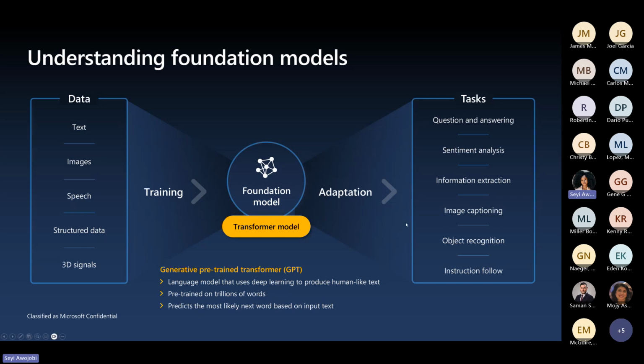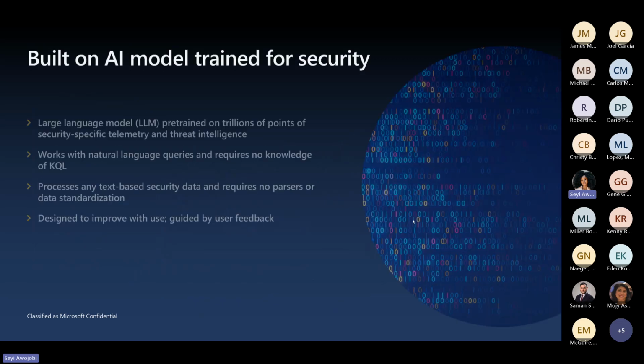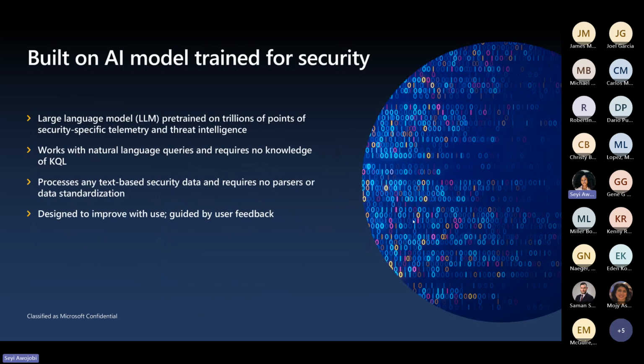Now, foundation models have been trained with words, with a good amount of data. But when we think about Security Copilot, rather than just training the model on words, if you remember at the beginning of the presentation, we talked about the 65 trillion signals that we are getting. We have trained the model on security-specific telemetry and threat intelligence, such that the solution can speak security language.